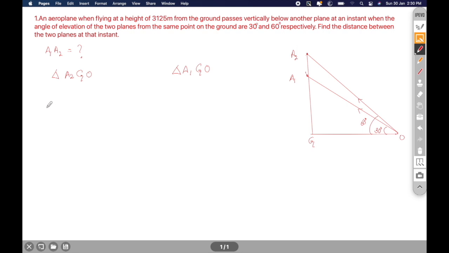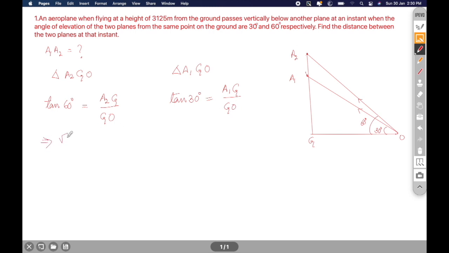Hence, we will deal with tan 60 degrees for this triangle and tan 30 degrees for the other triangle. Tan 60 degrees is perpendicular by base, so A2G by GO, and tan 30 degrees is also perpendicular by base, so this is A1G by GO.